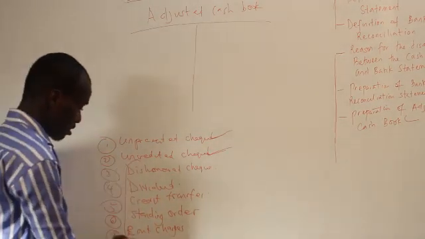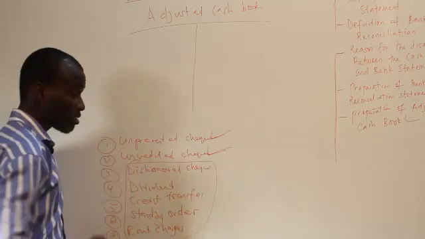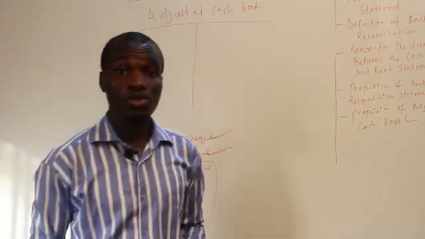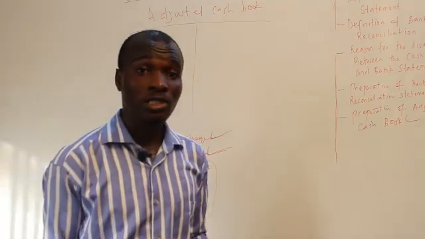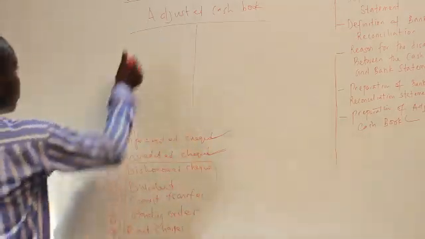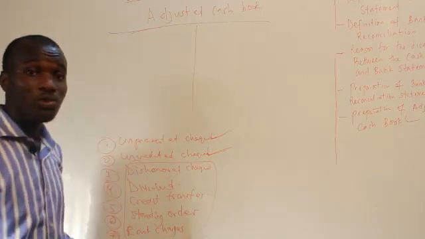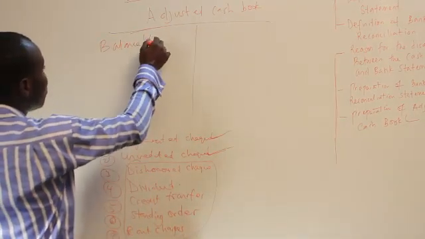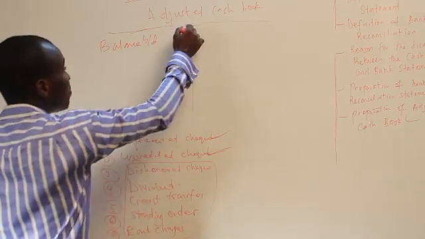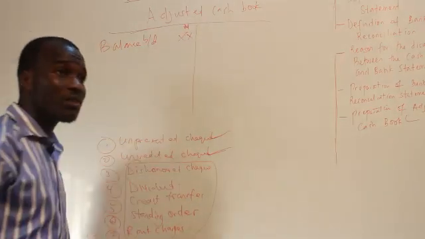So all this directly affects the bank statement, not the cash book. So we use these items in updating the balance of the cash book. So the first thing in adjusting the cash book is for us to have the balance of the cash book, balance brought down if it is the debit balance. Again, have the balance brought down.